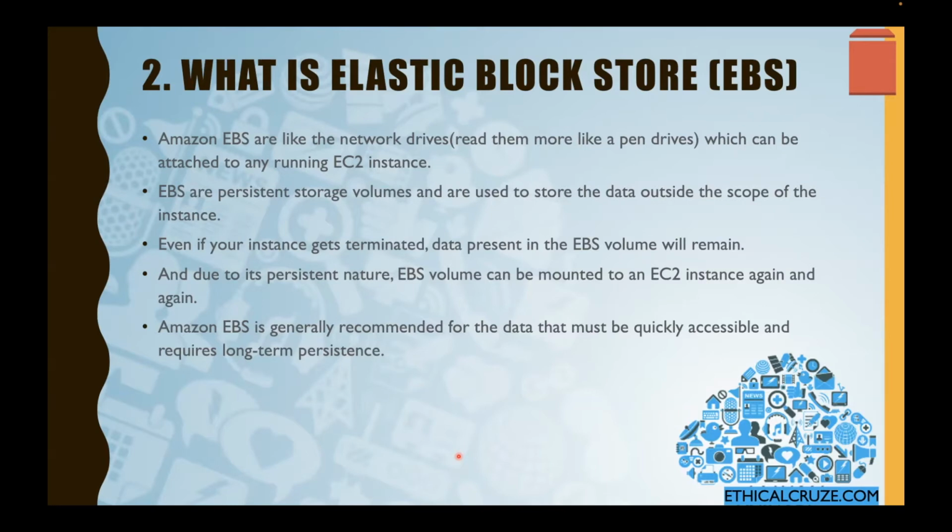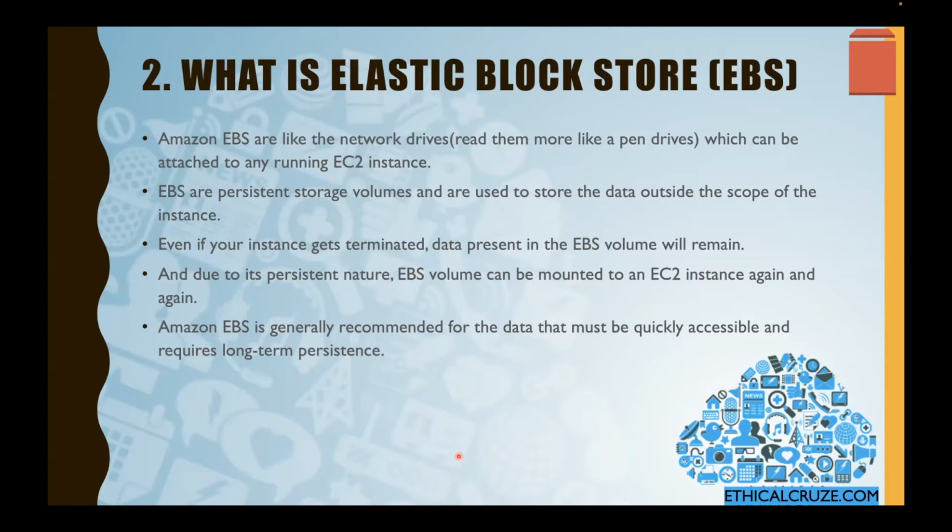But what's the benefit of this? EBS provides persistent storage volumes. Data resides on those pen drives until and unless you delete it. The same is true with EBS volumes. EBS volumes are persistent storage volumes and are basically used to store data outside the scope of the EC2 instance.